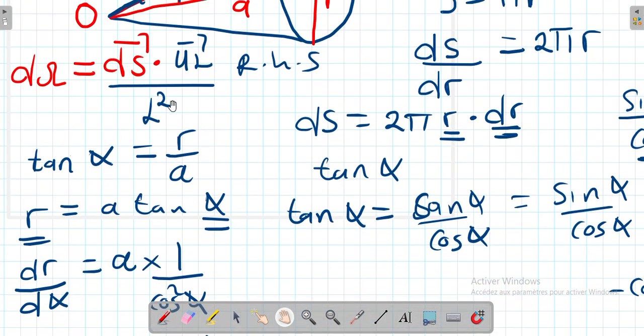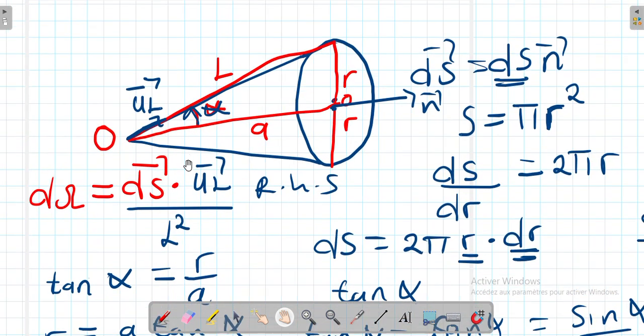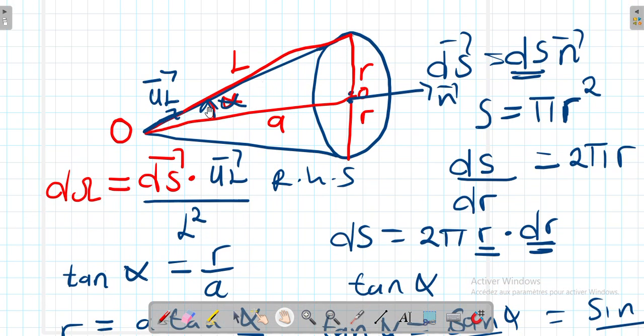Now, what is needed is finding an expression of L, and so L squared. L is the hypotenuse of this triangle. Very simple. So we're going to use cos. You can try sine, cos, tan as well, but the one that works best is cos.